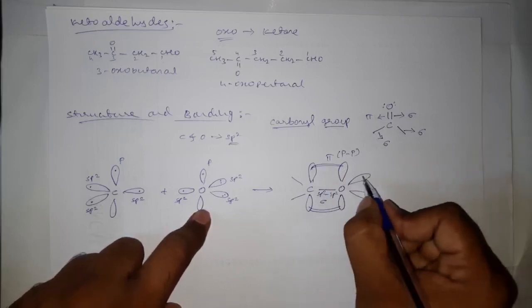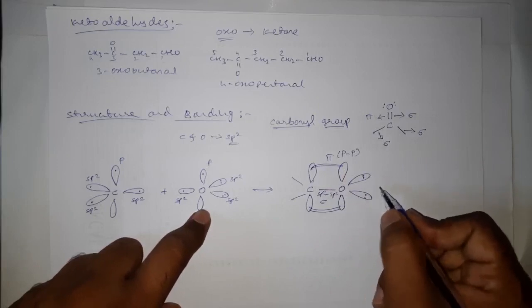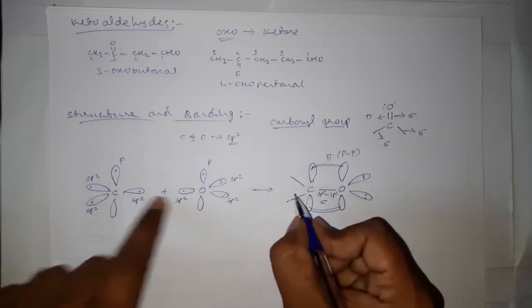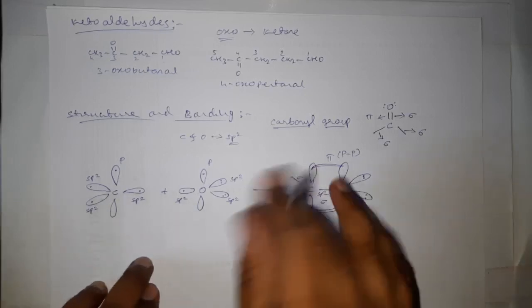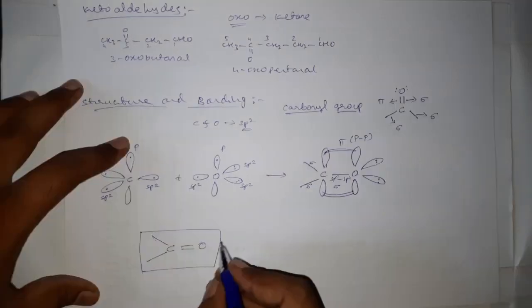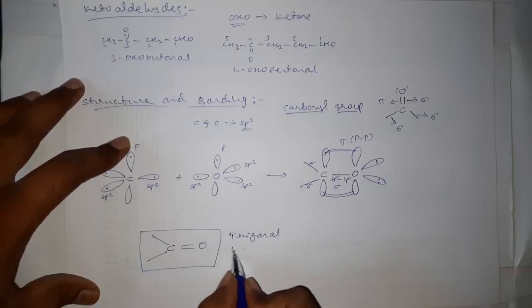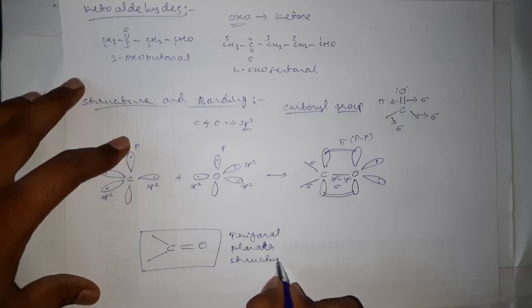Okay, and this oxygen has two lone pairs of electrons which are there in two sp2 hybrid orbitals, and the carbon, which has the other two sp2 hybrid orbitals, is forming two sigma bonds with other two atoms, and has a trigonal planar structure. Okay.